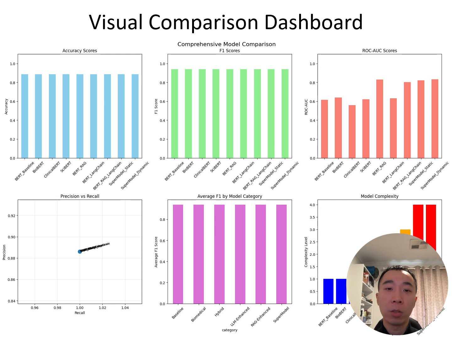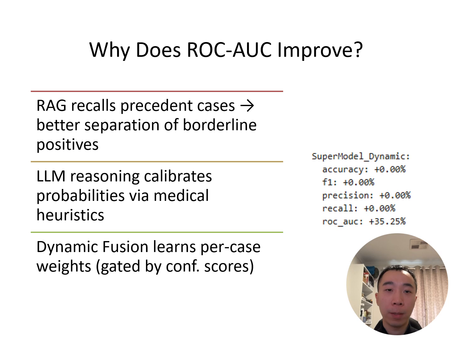These slides show the interactive dashboard I developed for model evaluation. We can see different models and all performances. The dynamic supermodel stands out with clear ROC-AUC improvement and balanced performance. There are 3 main reasons for improvement.